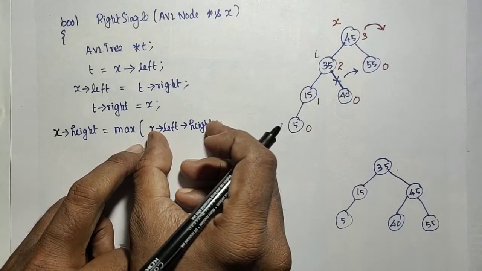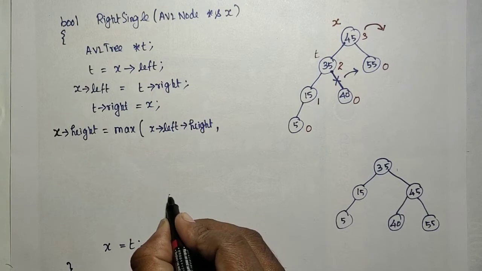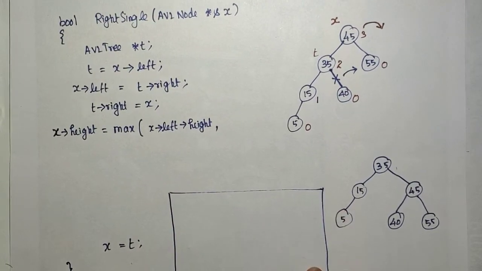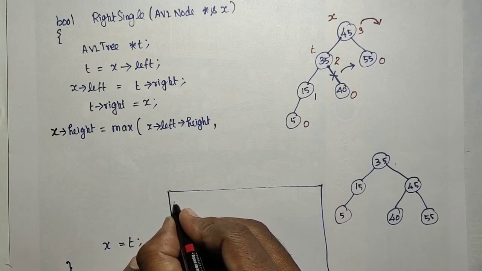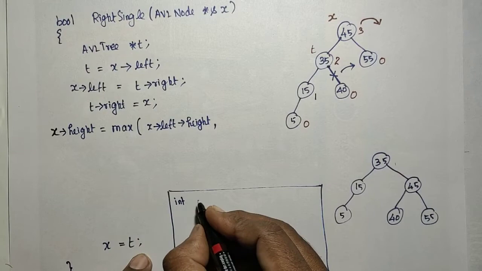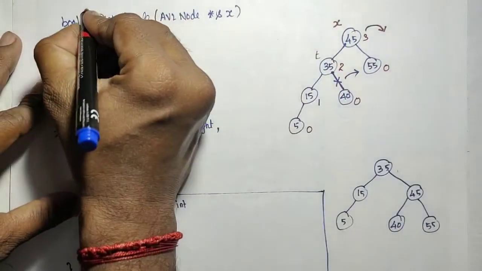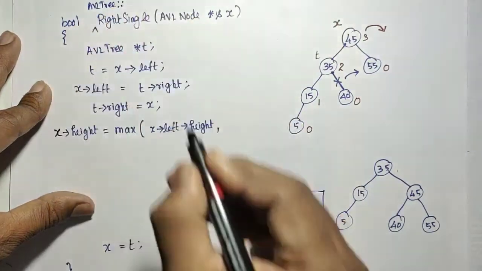For obtaining the height of a particular node, we have written a function, get height. So I have to write get height, which returns int. Here we missed the AVL tree scope resolution.